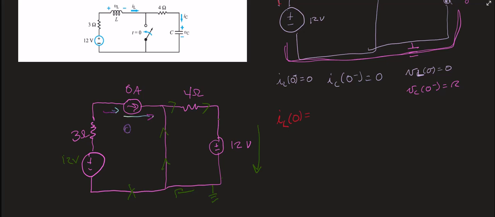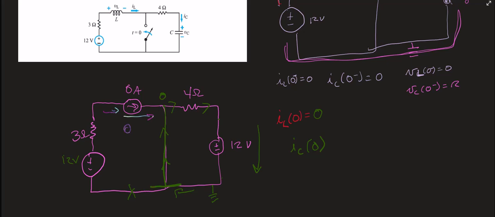And so we have the current going through the 4 ohm resistor. So let's see, what do I have over here? IL of 0 is 0. IC of 0 is going to be the current through that 4 ohm resistor. The voltage right here has to be 0 because it's all connected to ground.